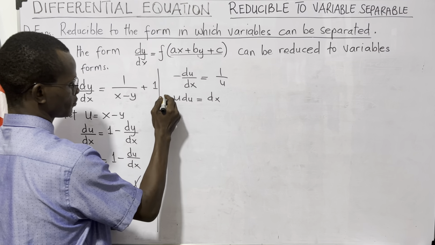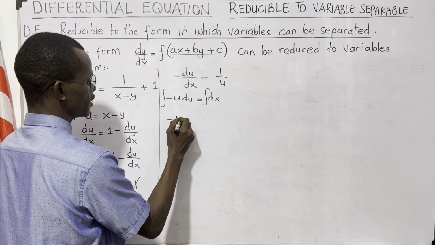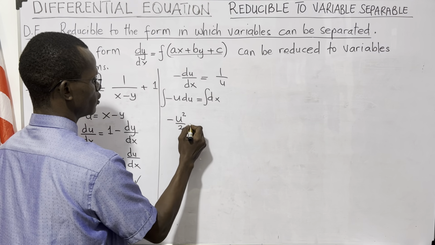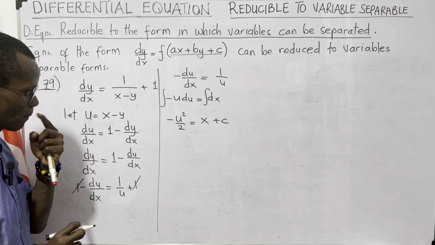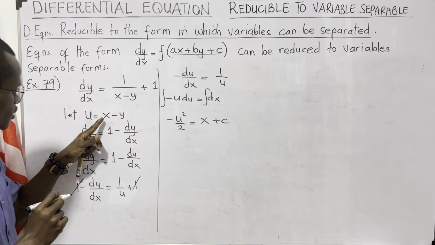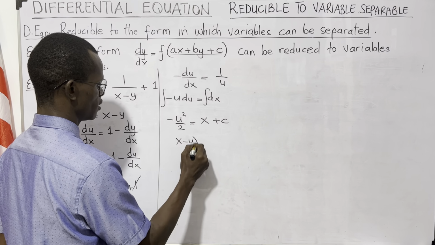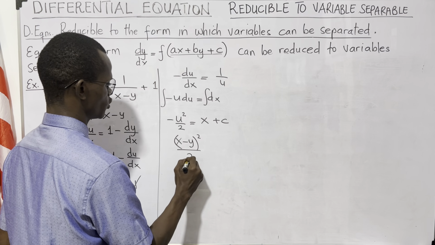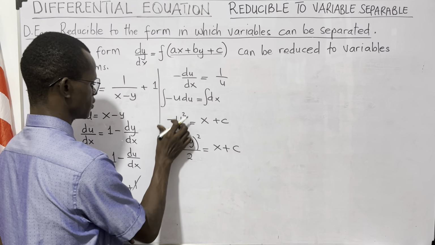Integrate both sides. So this will just give us negative u squared over 2 equals x plus some arbitrary constant c. So what is u? u is x minus y. So it's x minus y all squared over 2 equals x plus some arbitrary constant c.